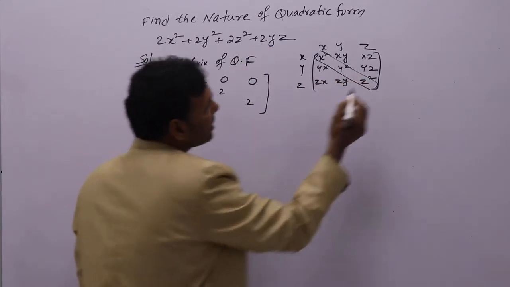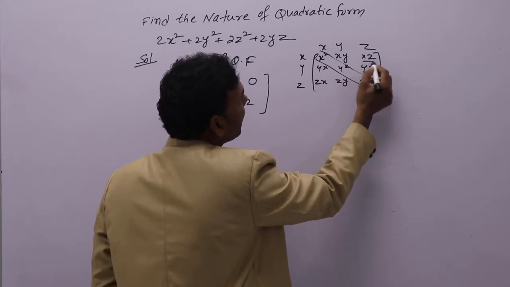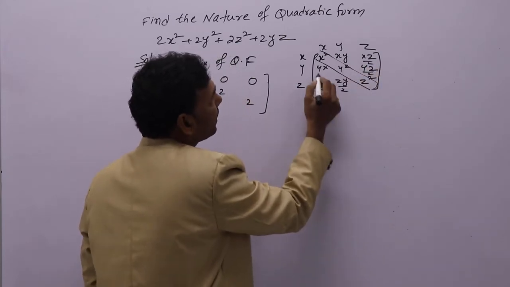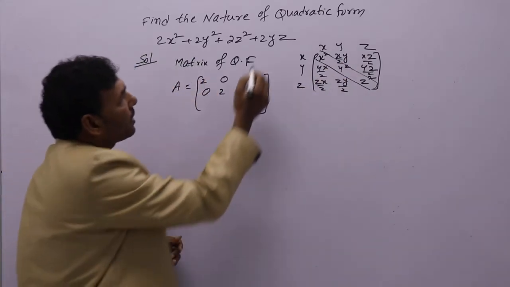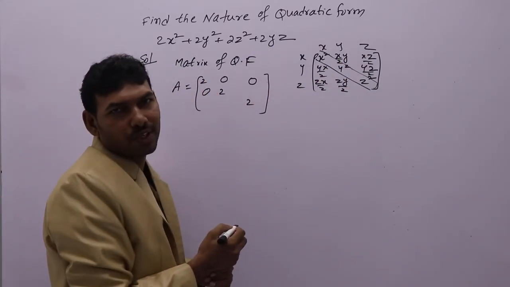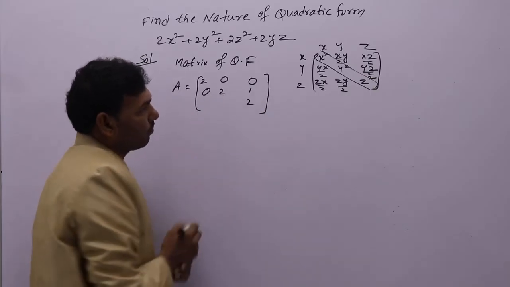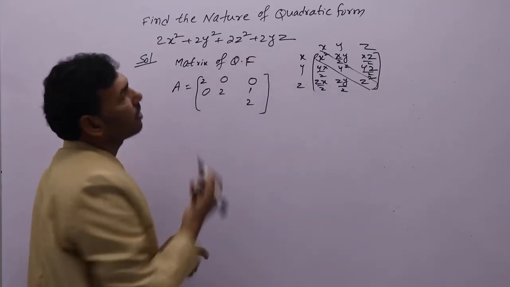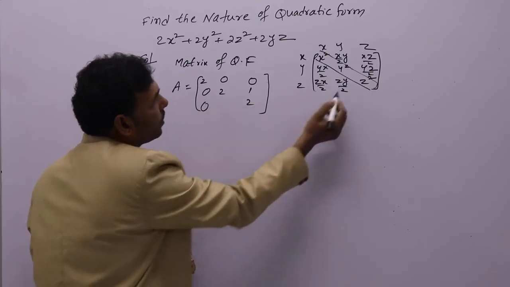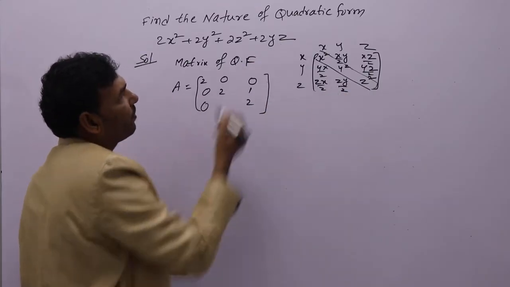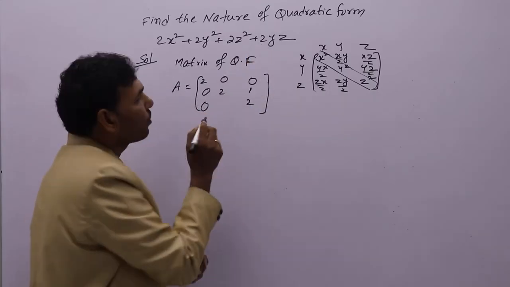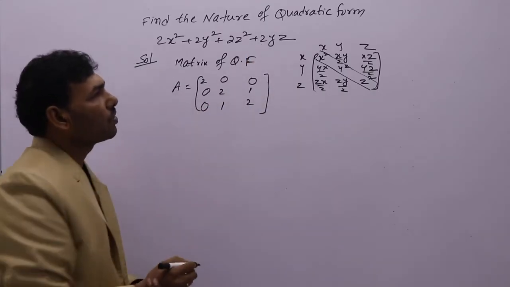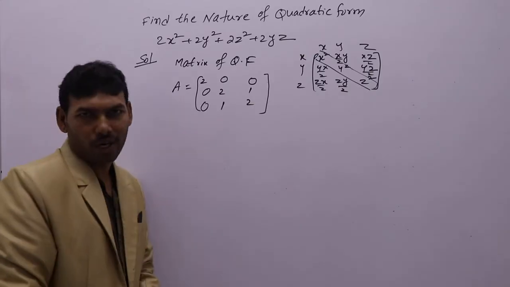So if you have yz, what I said, simply make half of all these coefficients. So take half of the yz coefficient, 2 by 2, 1. Do you have zx here? No, 0. Do you have zy? Yes, zy and yz are the same. So its coefficient you need to make half, 2 by 2, 1. So this is the matrix of the quadratic form.